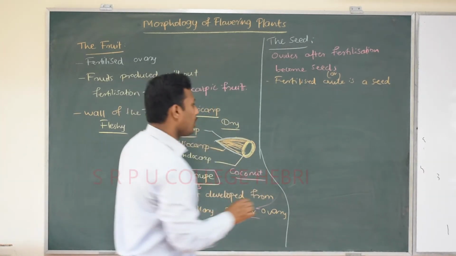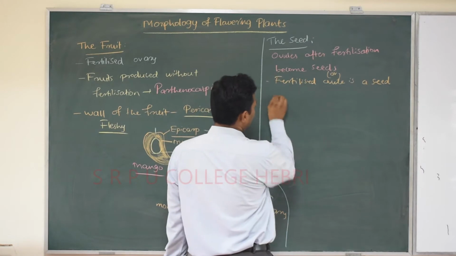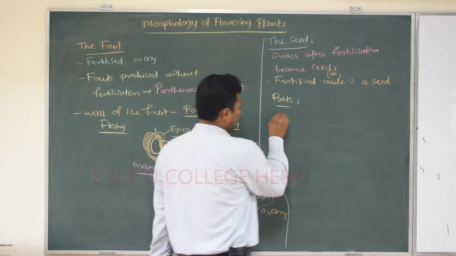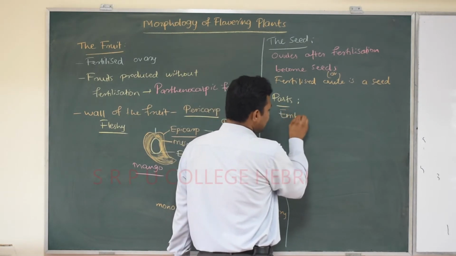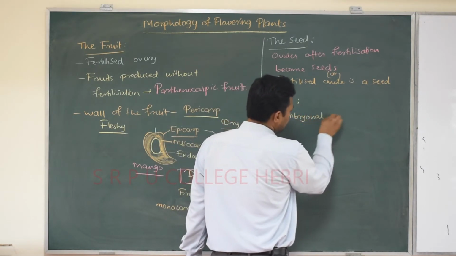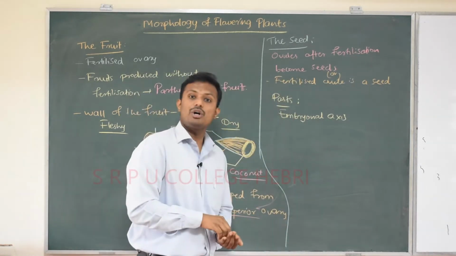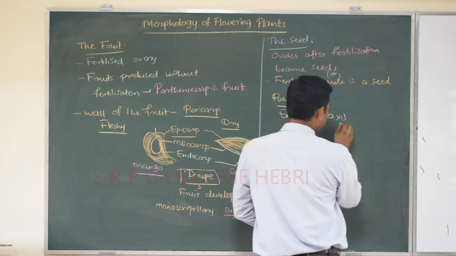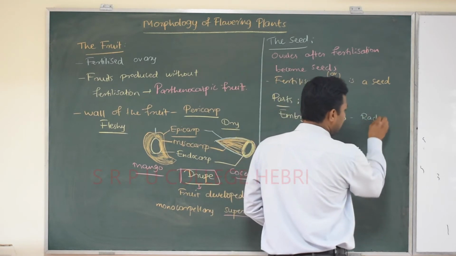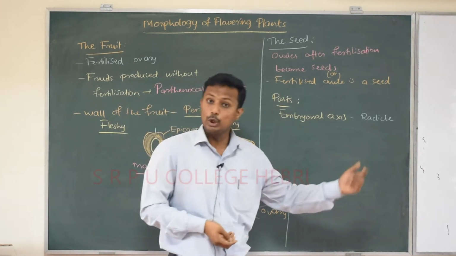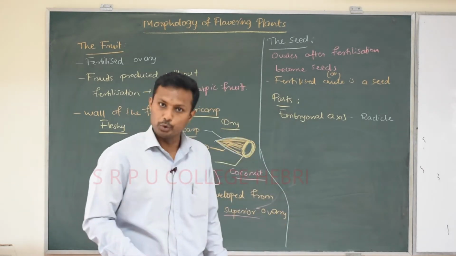The main parts of a seed are basically an embryonal axis. This embryonal axis will be consisting of a radicle and plumule. Radicle is the portion of the embryo which will later develop into the root.